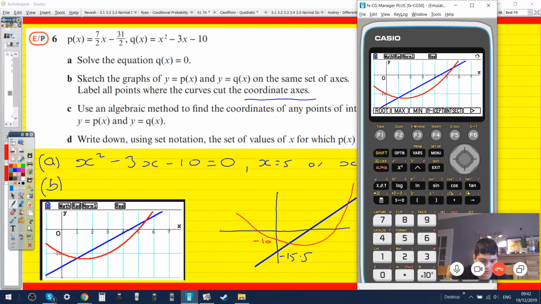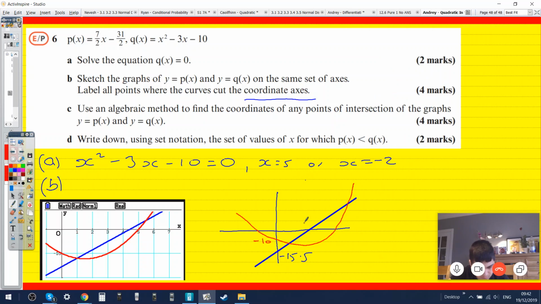Okay, so for the straight line, 4.4 or something, is it? Yeah, 4.43. Let's say 4.43. So that's the x-intercept, isn't it? Yeah. Okay.